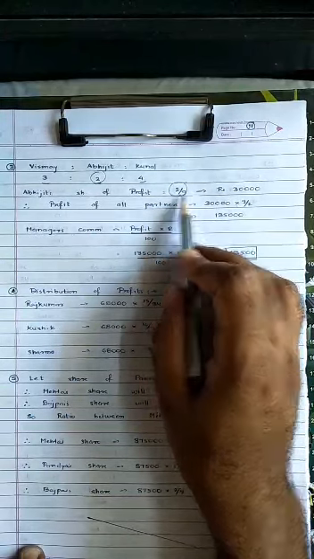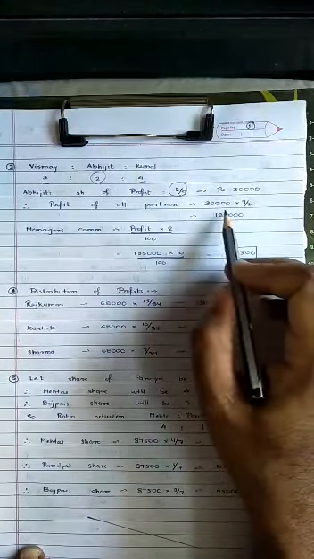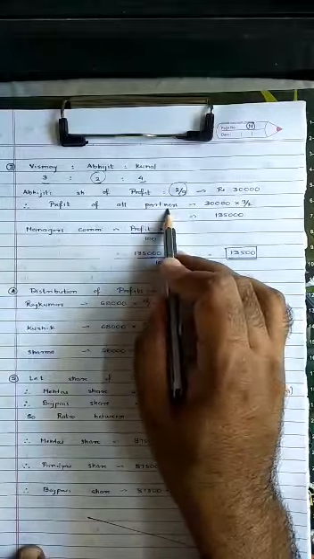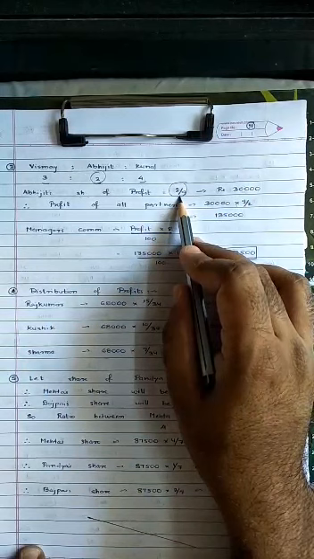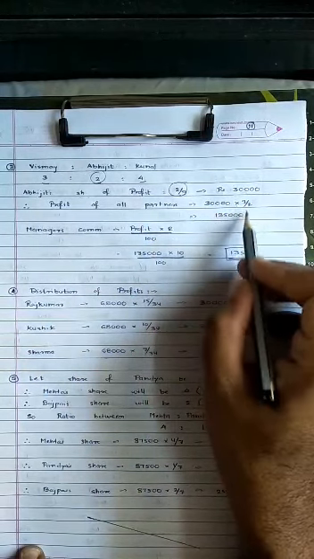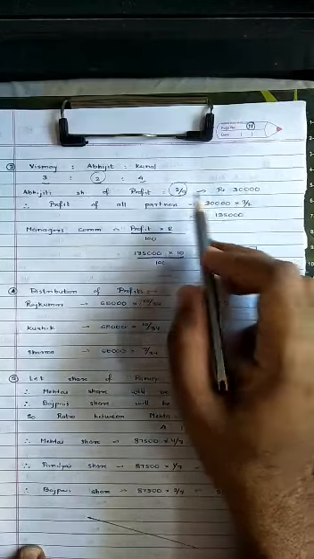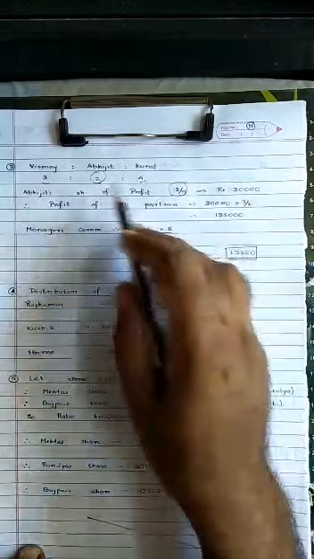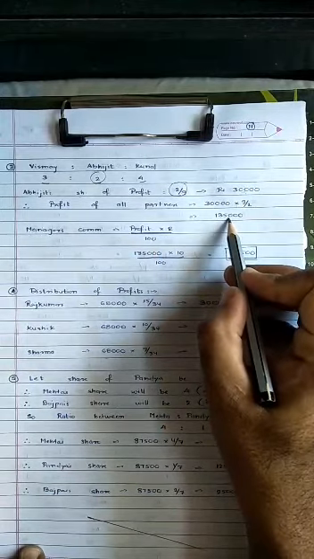From this we can indirectly calculate the profit of the entire firm. So the profit of the entire firm will be equal to 30,000 into the reciprocal of Abhijit's share, that is 9 by 2. On simplification we'll get 1,35,000. Again, cross verification: 1,35,000 into 2 by 9 will give us 30,000, that is Abhijit's share.